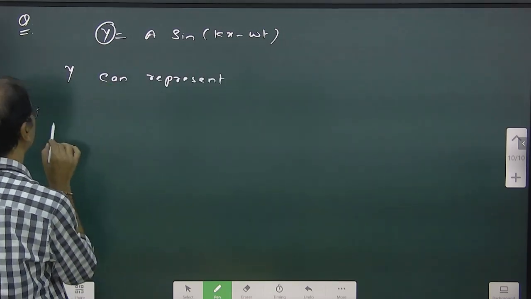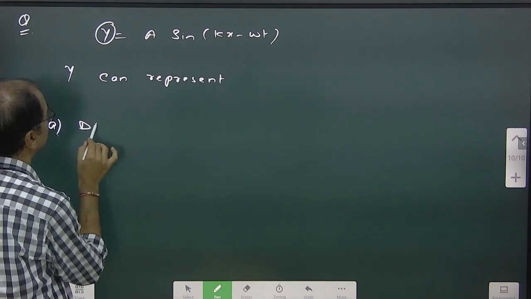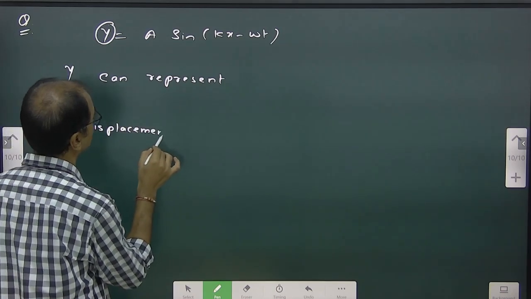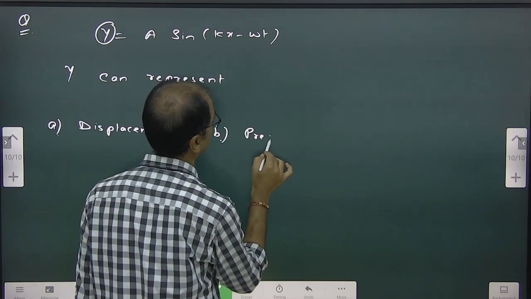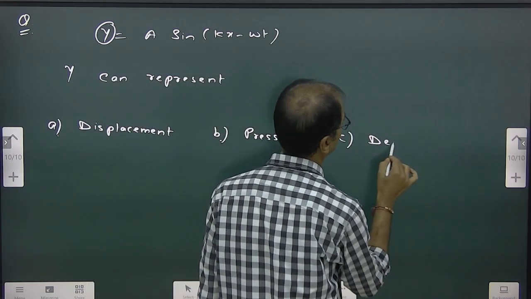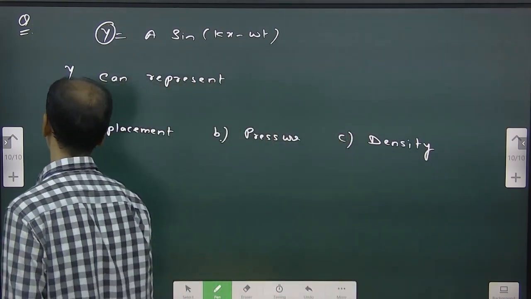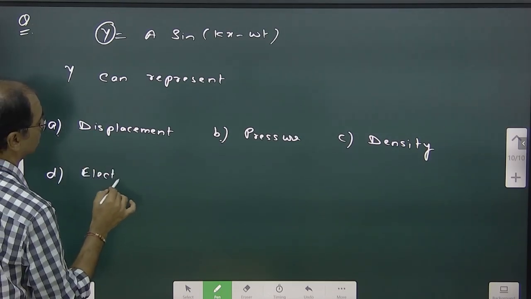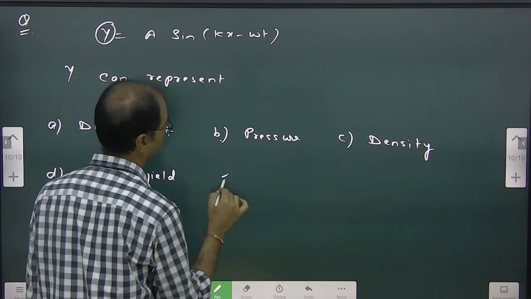Four options are there. A, displacement. B, pressure. C, density. D, electric field. E, magnetic field.